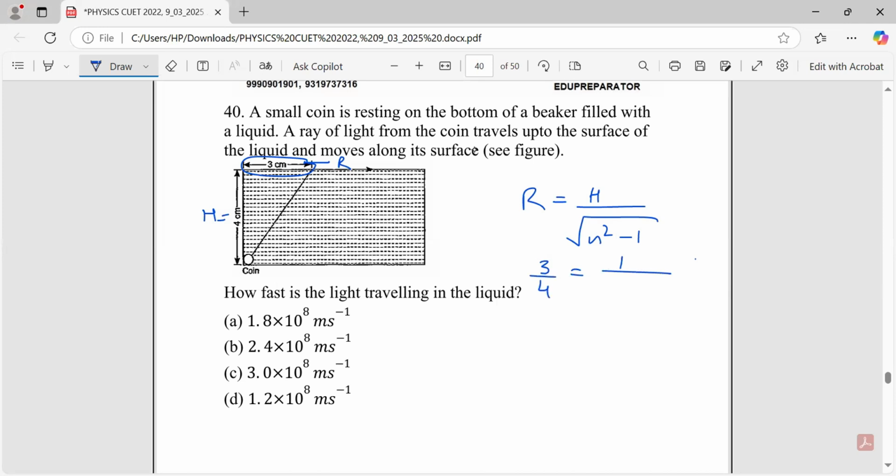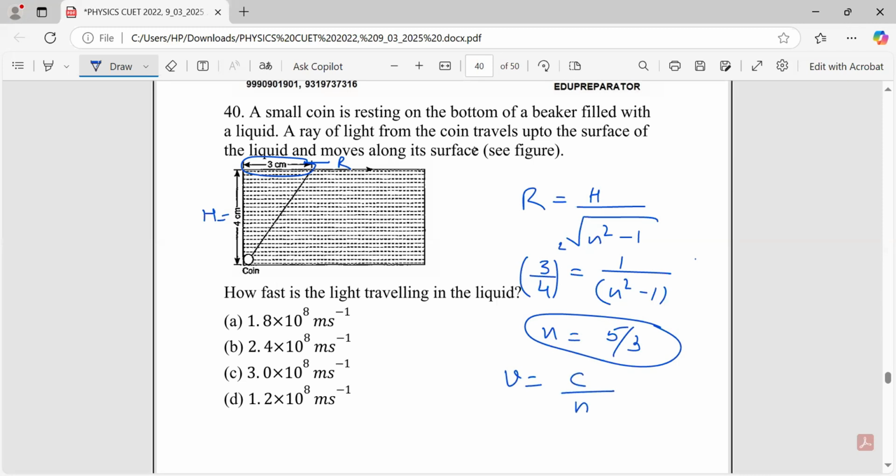So you have 1 upon n square minus 1 whole square. So if you simplify, the n comes to be 5 by 3. Now n is 5 by 3, velocity is equal to speed of light in air upon refractive index, right? And if you simplify, you get this answer 1.8 into 10⁻⁸.